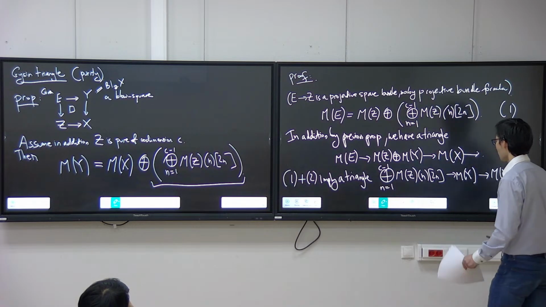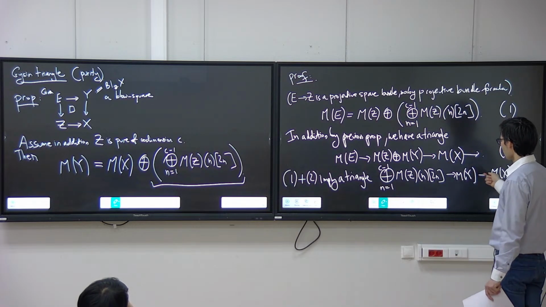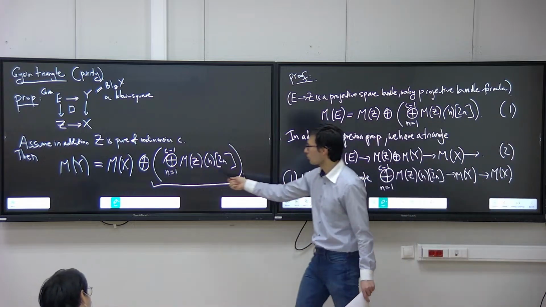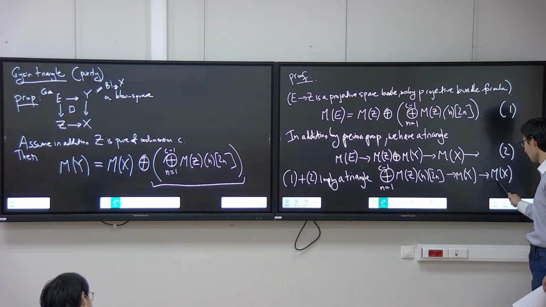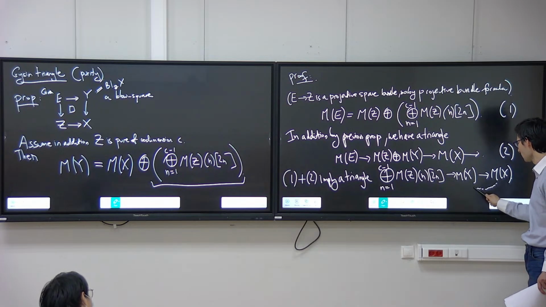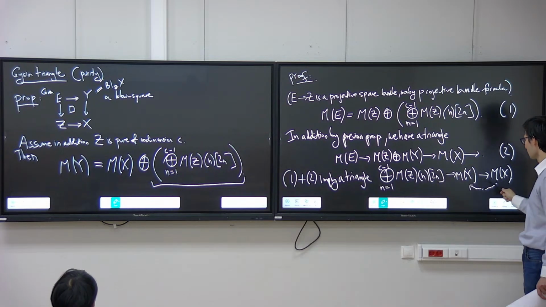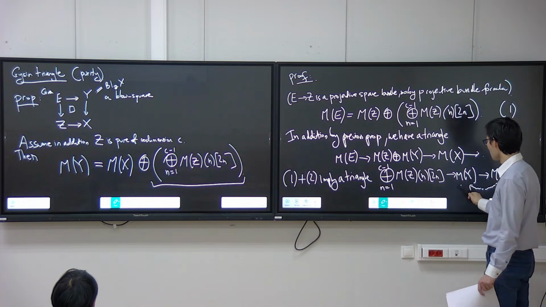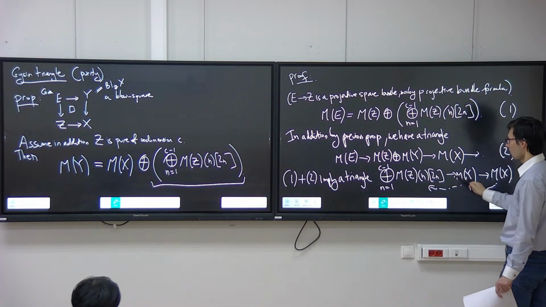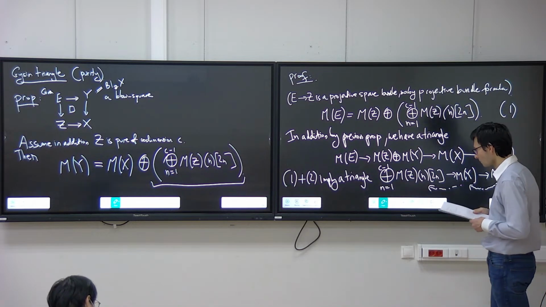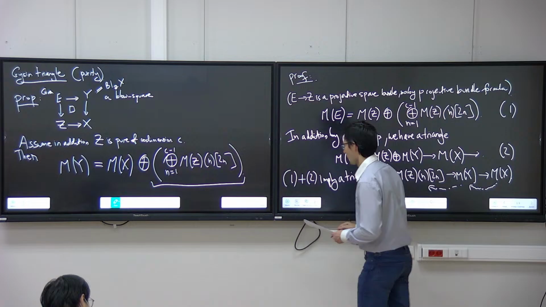So we already have almost what we need to show, but we need to show that this triangle splits somehow, so that there is a morphism here, which splits this part, or a morphism here, which splits this second arrow, the first arrow. So we need to construct these splittings somehow.